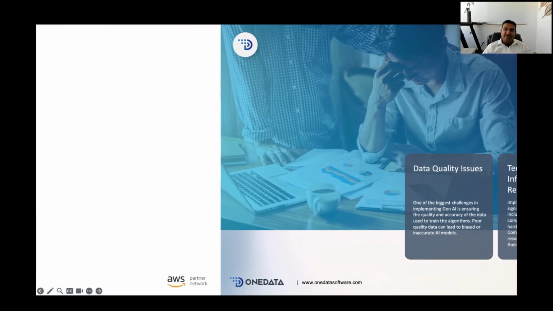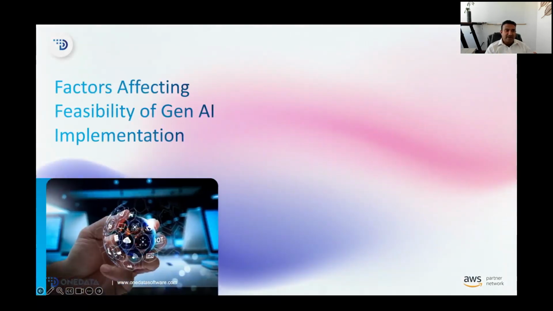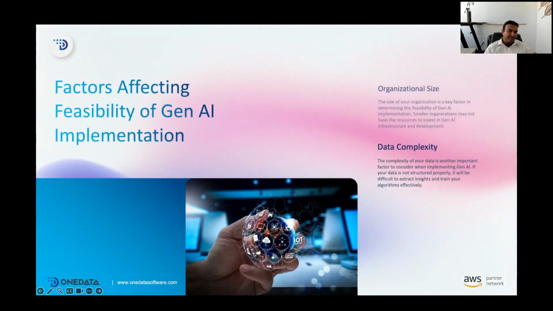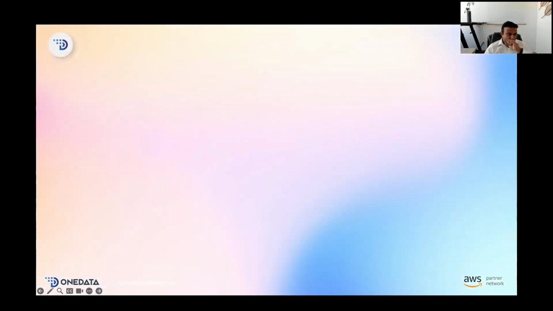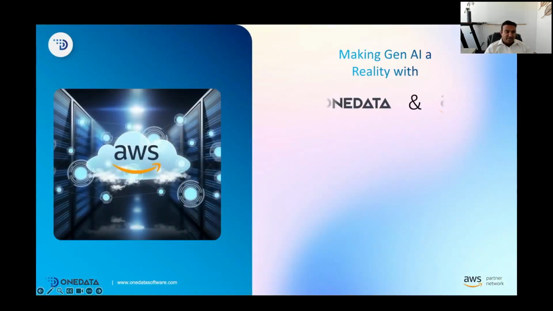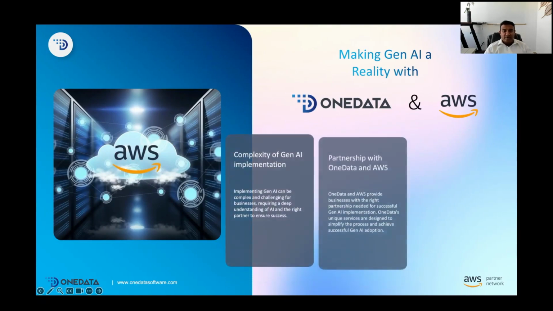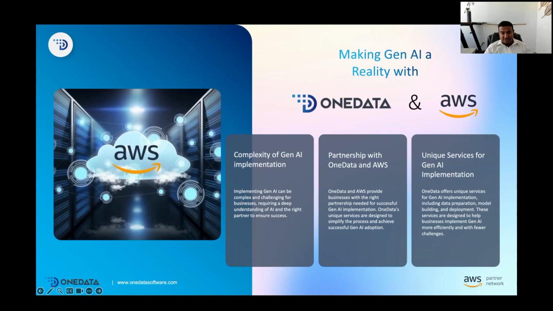And some of the factors affecting the feasibility of AI, as I said, are the size of the data, complexity and cost, and how we can make this a reality for small businesses, as we are an AWS partner. Amazon Web Services wants to help small businesses start trying AI, right?